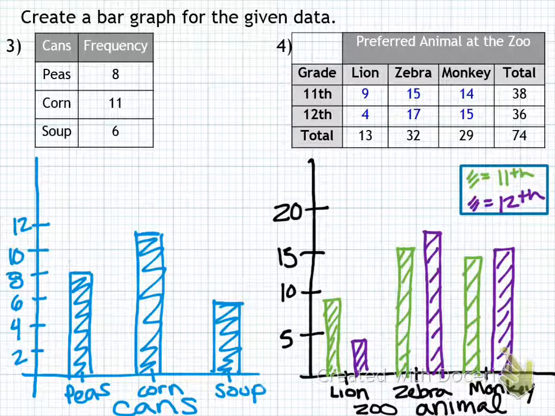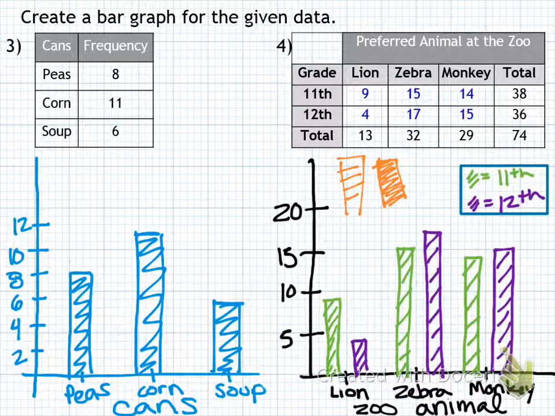Okay, and it's important to somehow distinguish between the 2 different sets of data that you have. So here it was 11th and 12th graders. I chose to do 11th grade in green and then 12th grade in purple. Another way you could do it, maybe if you're just using a pencil, you could use dashed lines for one of the bars, and then for the other category, you could fill it in solid.